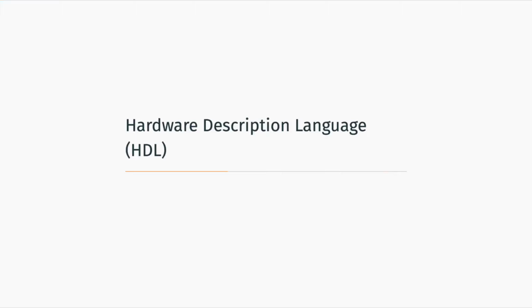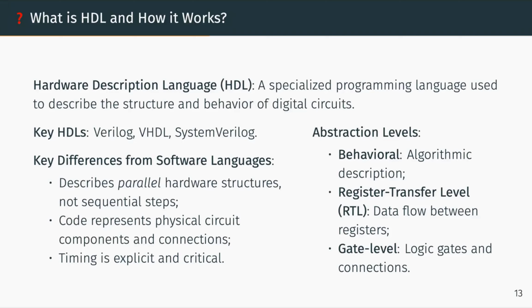Now we already have the knowledge of what the hardware architecture would be. Let's dive into some tools that we may actually use to create that kind of efficient hardware. We first have the hardware description language, HDL. HDL is just a specialized programming language used to describe the structure and behavior of digital circuits.